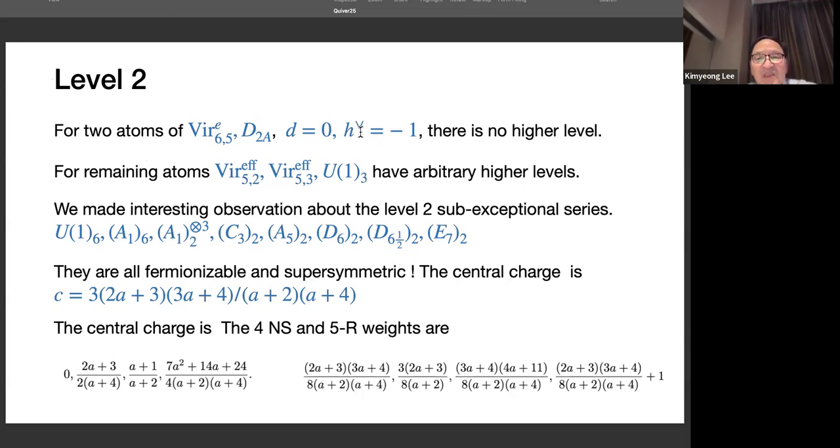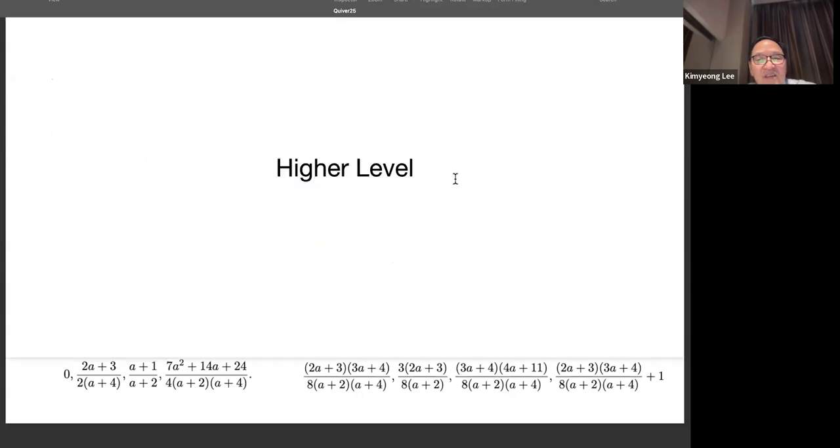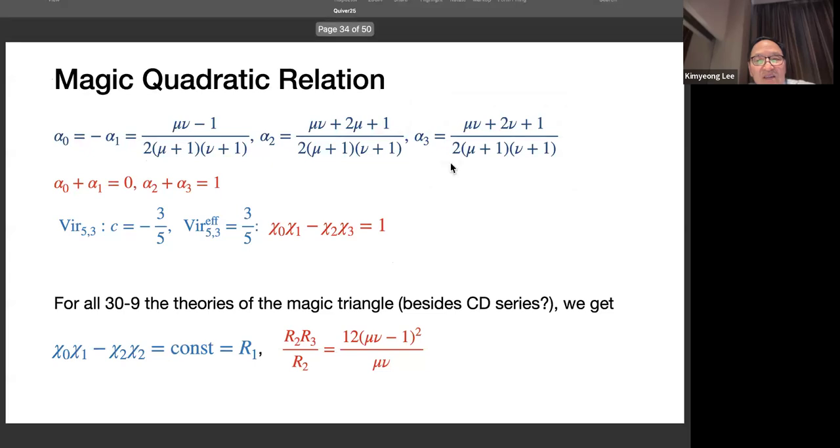So one can, in principle, define the higher level series, especially if they are Wess-Zumino-Witten models, or even some atomic theories, like these guys that don't have a clear sense of intermediate Lie algebras. Still, for these three, I mean, Yang theory, of course, we know it should be well defined. All three of them have arbitrary higher level models. And also, we studied quite a bit of the other sub-series of these triangles.